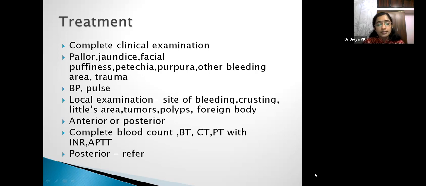Check the vitals, then do the local examination: make the patient sit comfortably and assess the site of bleeding. Look for crusting, polyps, tumors, or foreign body. A complete blood count can be done. Bleeding time, clotting time, PT with INR, and APTT have to be done to rule out secondary epistaxis. If the bleeding is severe and from the posterior part, refer.